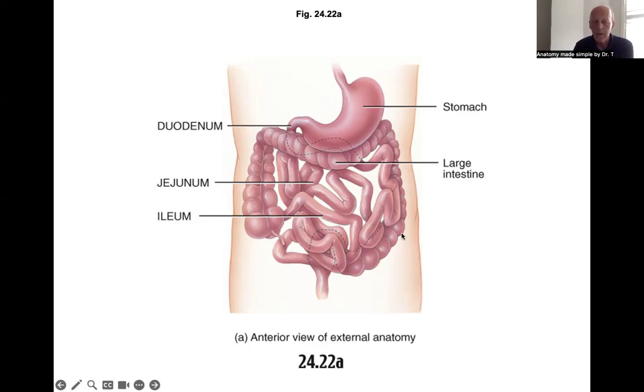As the plicae reduce and their numbers are less intense, we step into the territory of the ileum, which looks a little bit more pale. The surface of the jejunum is brighter red in a living person due to more intense vascular supply, which again supports a more intense process of absorbing the nutrients.